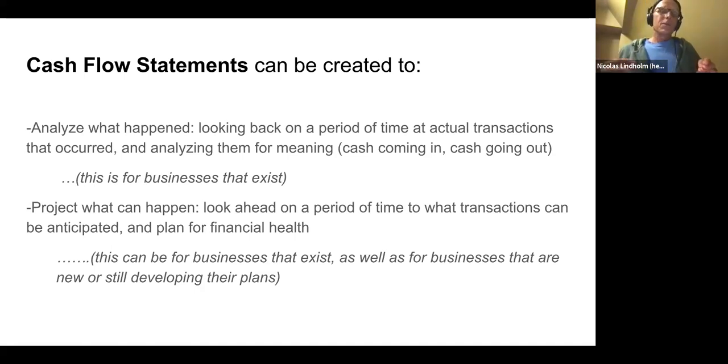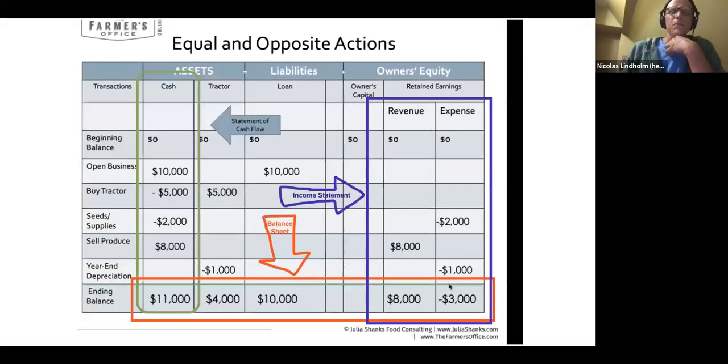It's so important to become familiar with cash flow projecting, to look ahead at the coming year and at each transaction, both sales and expenses, and plan for the financial health of your farm. So that's, again, just the quick flyover of the three main tools of small farm financing.